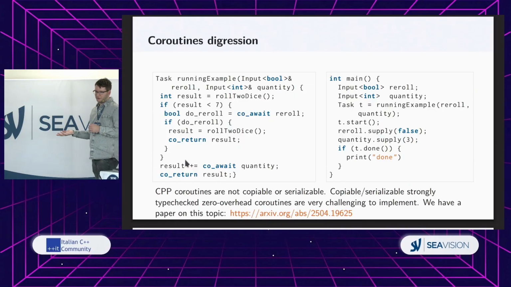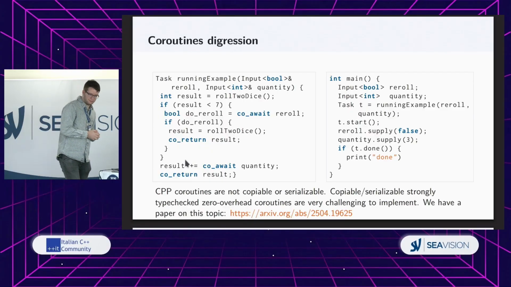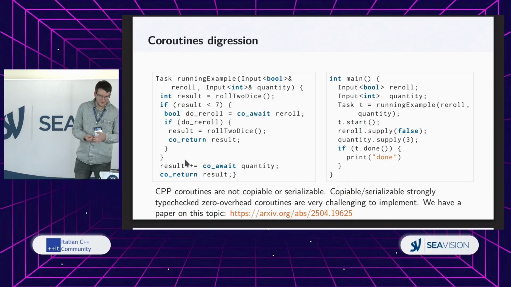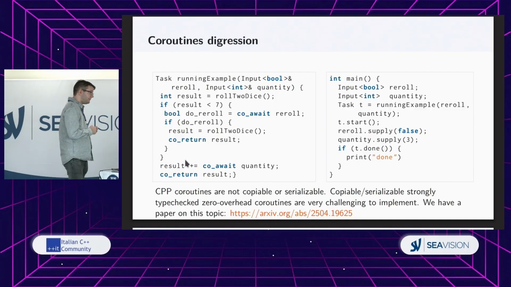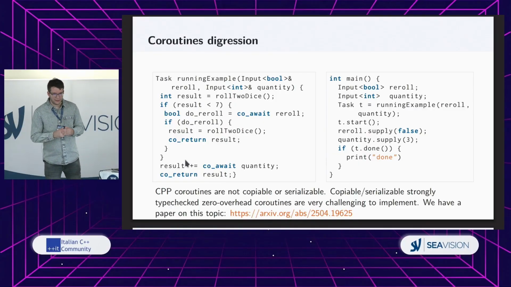We have used coroutines. And coroutines are uncomfortable to use, to be honest. But that is what we have at the moment. And the issue is that C++ coroutines are actually not copyable or serializable. And that is a limitation.